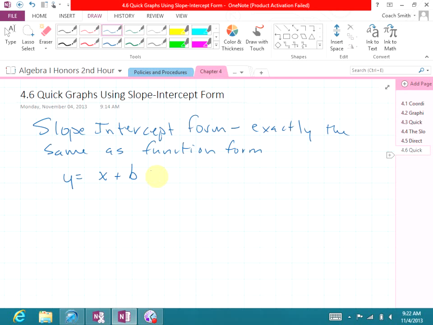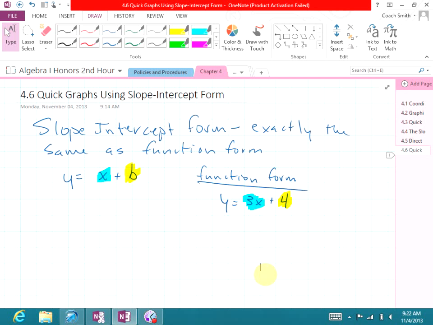For example, if we had function form of y equals 3x plus 4. Well, in this problem, b is the 4. In this part, 3x is the x.